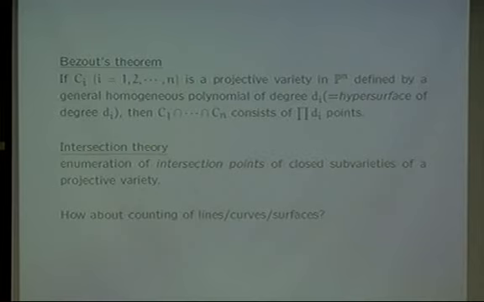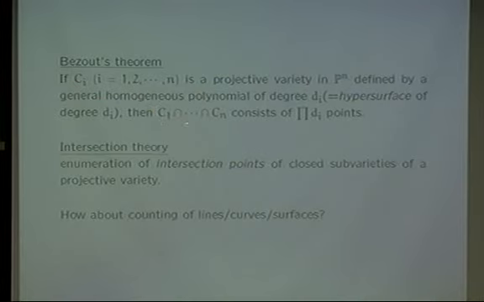Bezout's theorem is not just for P2. You can think about the same thing for any projective space Pn, and for that you think about n hypersurfaces C1, C2, ..., Cn, and let's say they have degrees d1, d2, ..., dn. A hypersurface is nothing but a projective variety defined by a single equation, and this has dimension n minus 1.